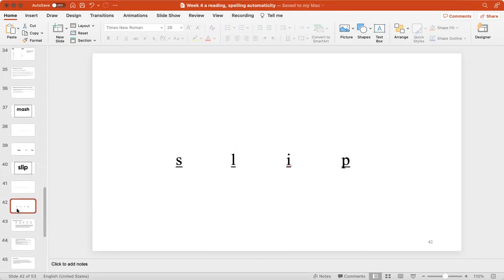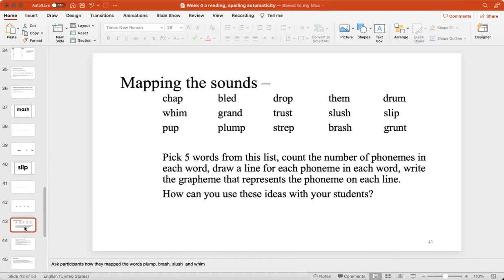Okay? So now, this idea of mapping sounds and letters is really, really important. It's like an equation in my mind, an additive equation. We taught the consonants and we taught the vowels. We taught the phonemic awareness activities.